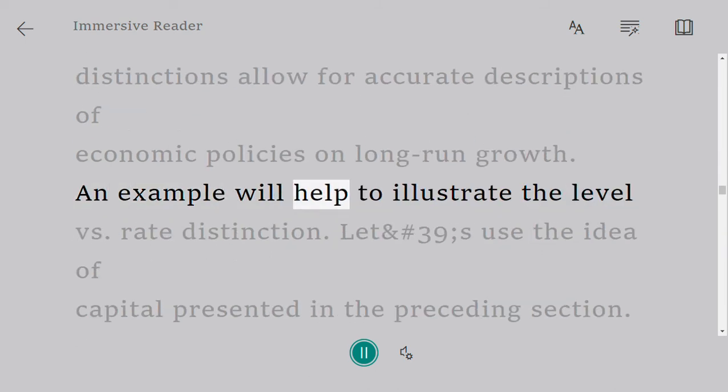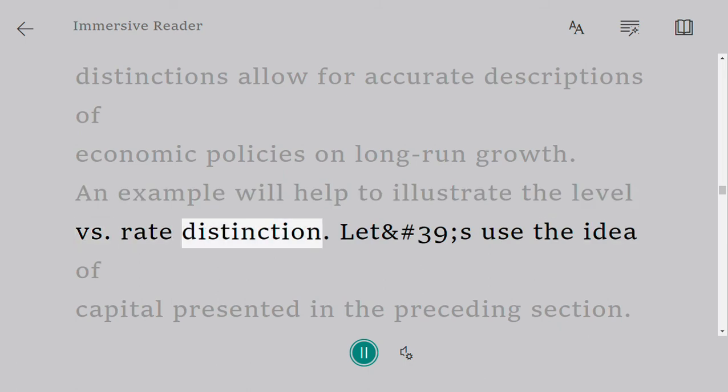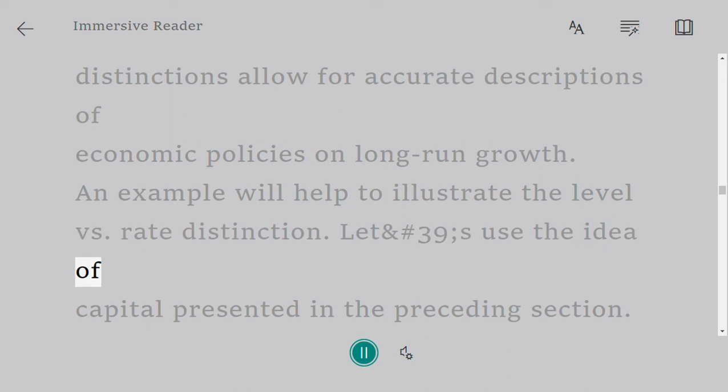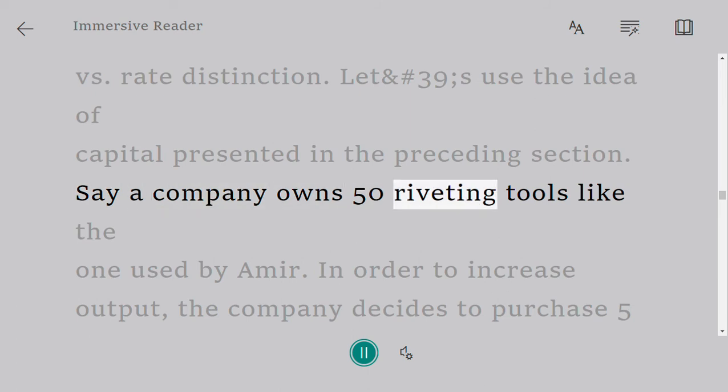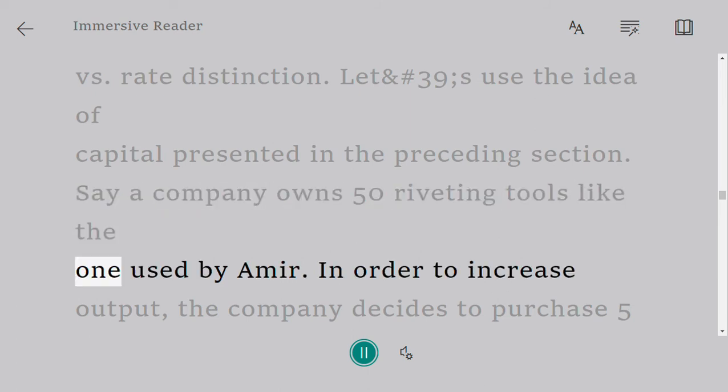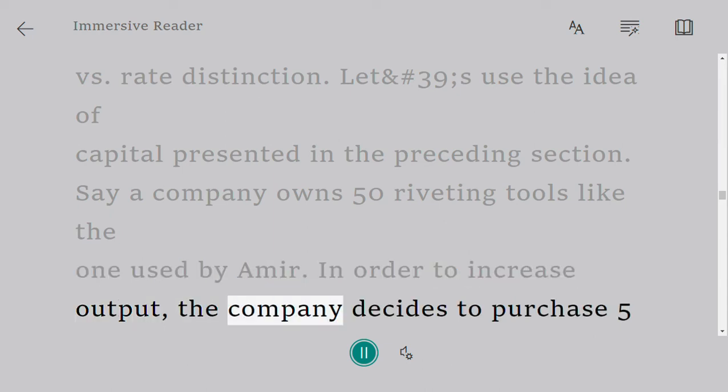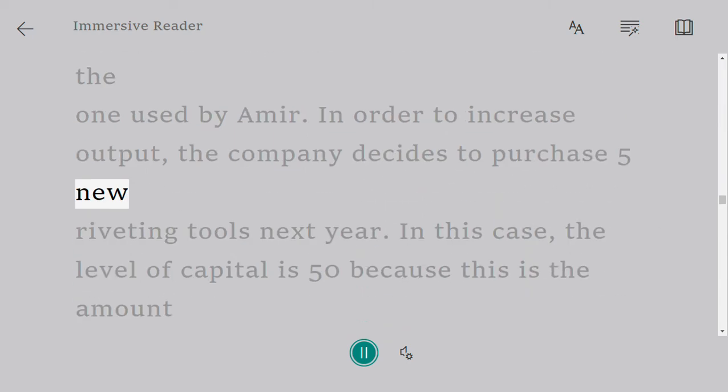An example will help to illustrate the level versus rate distinction. Let's use the idea of capital presented in the preceding section. Say a company owns 50 riveting tools like the one used by Amir. In order to increase output, the company decides to purchase 5 new riveting tools next year.